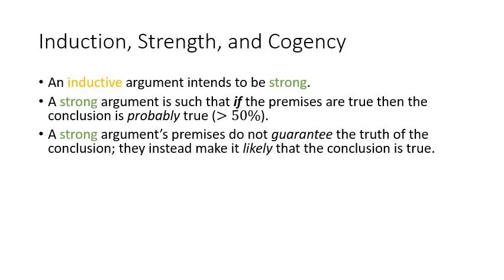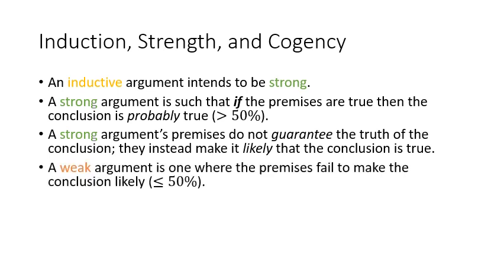And with a strong argument, bear in mind that there's no guarantee of truth here. So that means they're not valid. Valid arguments are such that the premises guarantee the truth of the conclusion. Instead of that sort of guarantee, we're talking about the premises making something likely to be true. That's why the language in the chapter is about support instead of proof.